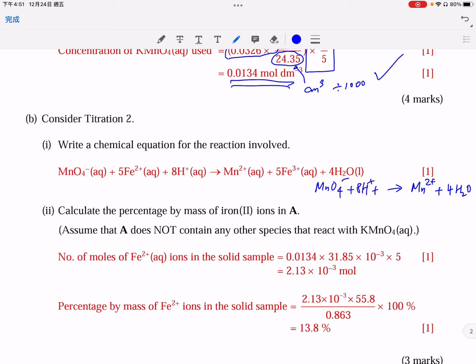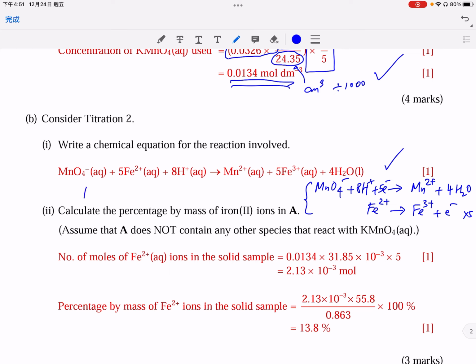And of course, there should be 5 electrons added on the left-hand side. For the other half, Fe2 plus becoming Fe3 plus. So simple. You just add 1 electron here. And of course, you need to multiply this half equation by 5 and then add them together. You will get this overall equation.